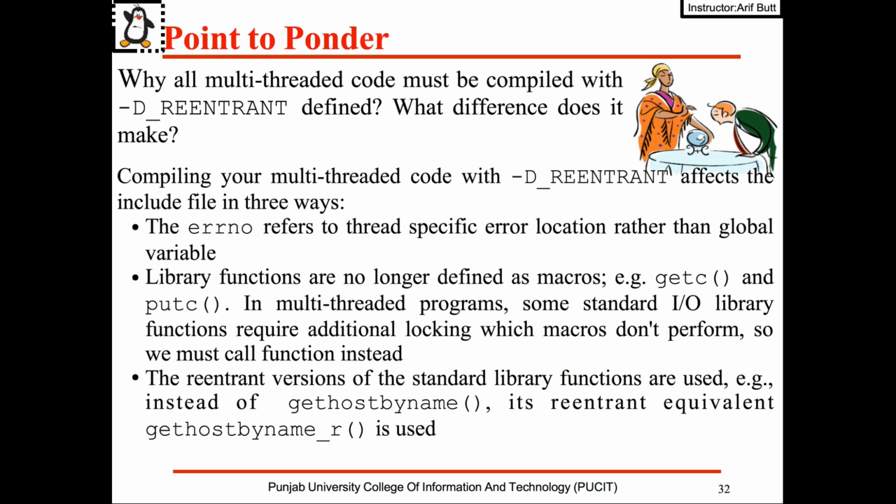One is that library functions are no longer defined as macros, and the second is that the reentrant versions of the standard library functions are used. I will talk about the reentrant functions in some later session of threads when we will talk about the race conditions and the critical section problems, inshallah.